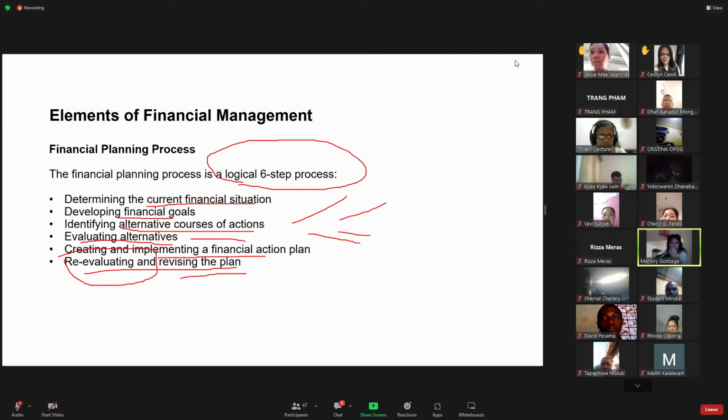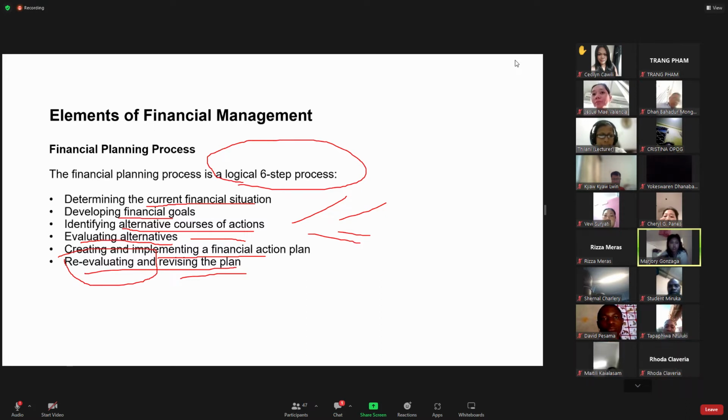And then the last one is reevaluating and revising the plan. Reevaluating, I think you should study your goals or your plan more, and you should think about whether it has failure or mistakes. You should know how to revise, repeat and repeat like that. That's how I understand.